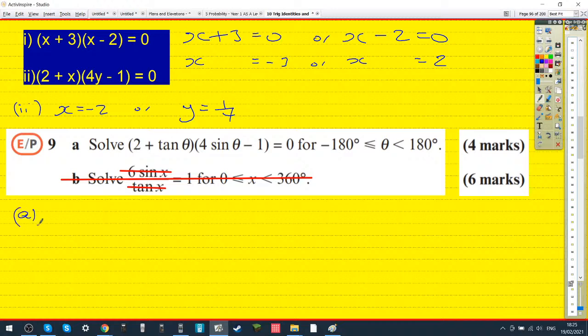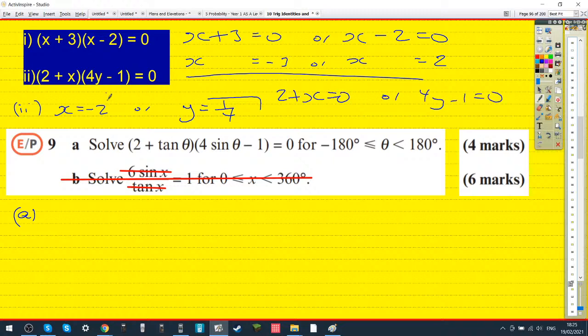So it's 0 in one of the two brackets. Just use what you did up at the top. If you did this, you would have said 2 plus x equals 0 or 4y minus 1 equals 0.